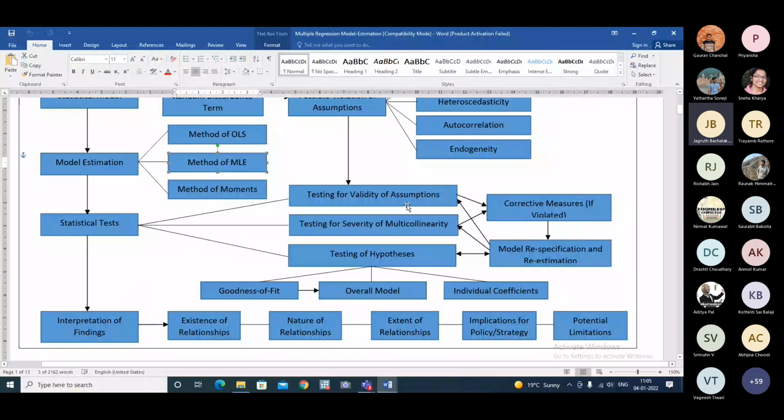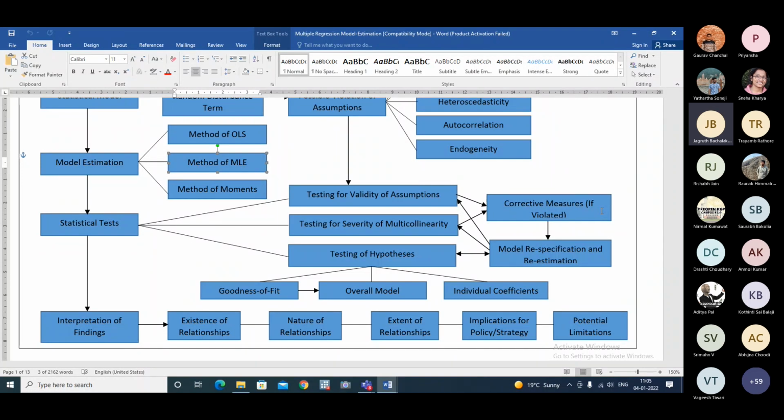If the assumptions are valid, we can go ahead for interpreting the results, carrying out further analysis. But if the assumptions are not valid, then we need to apply certain corrective measures, and for that we may also need to re-specify the model, and we may need to estimate the model again.